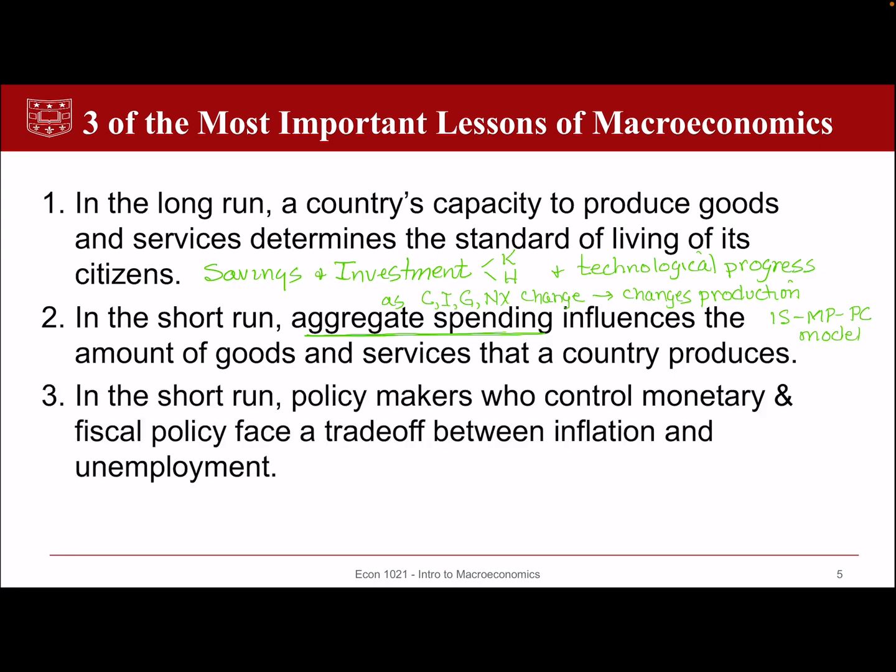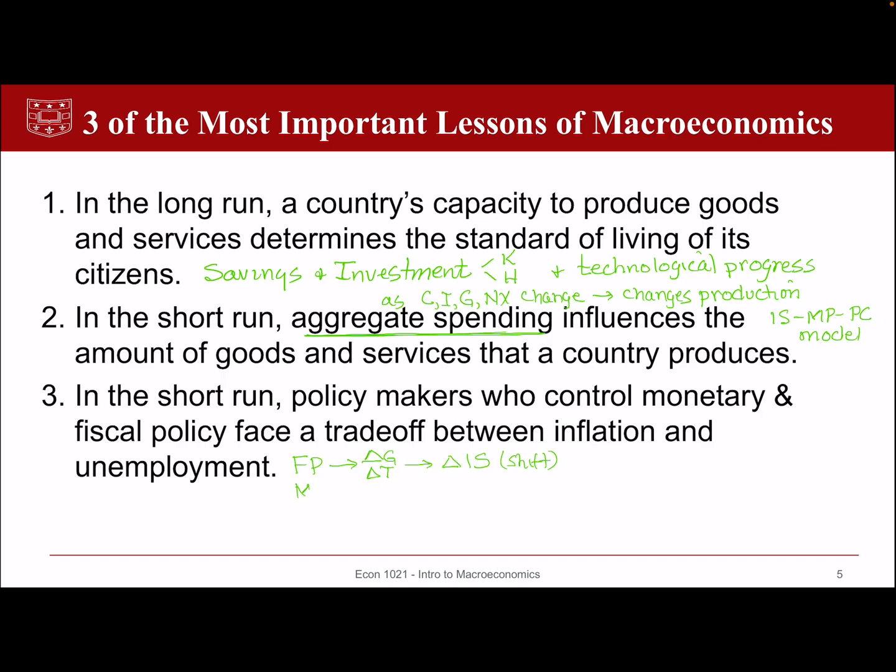And then finally, in the short run, we noted that policymakers who control monetary and fiscal policy face a trade-off between inflation and unemployment. This is particularly so if we think about fiscal policy. Fiscal policy is going to involve, of course, changes in government expenditures or changes in taxes, and that's going to lead directly to a shift in the IS curve.